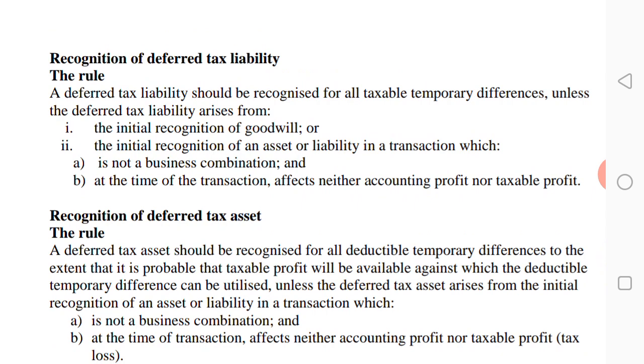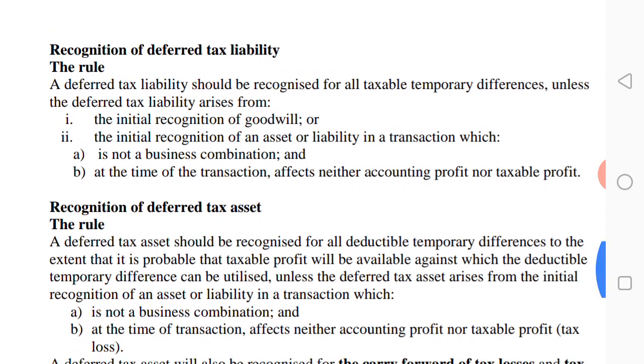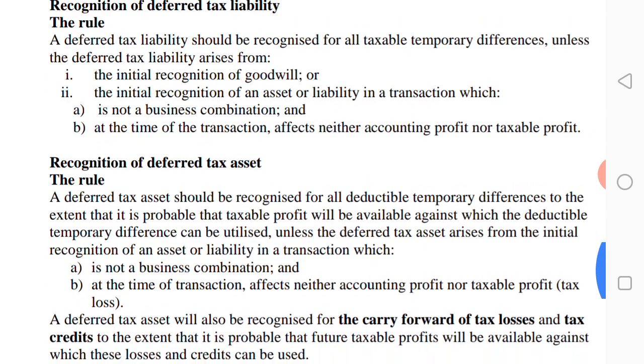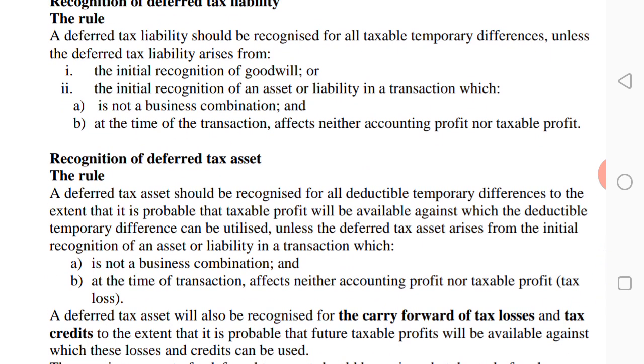So a deferred tax liability should be recognized for all taxable temporary differences, unless the deferred tax liability arises from goodwill, because goodwill will not warrant a temporary difference, and from the initial recognition of an asset or liability in a transaction which is not a business combination, as at the time of the transaction it affects neither the accounting profit nor the tax profit.